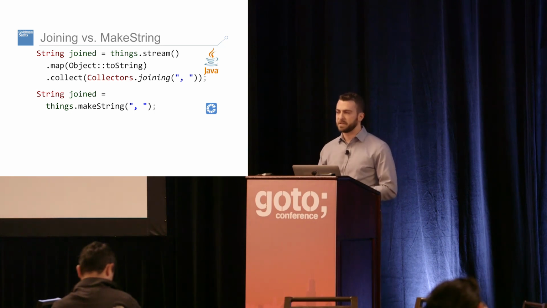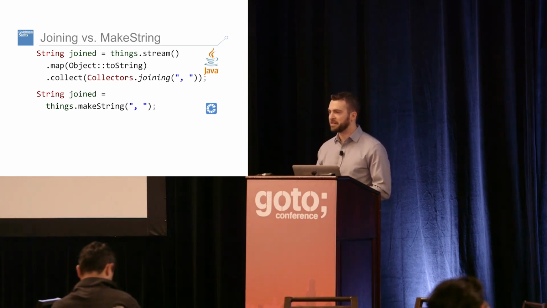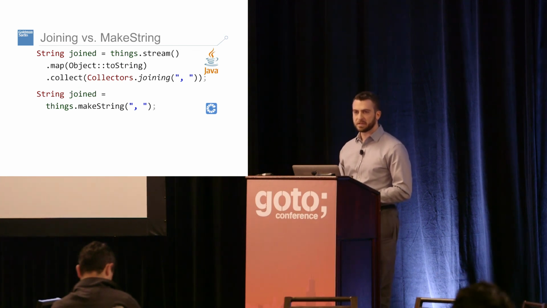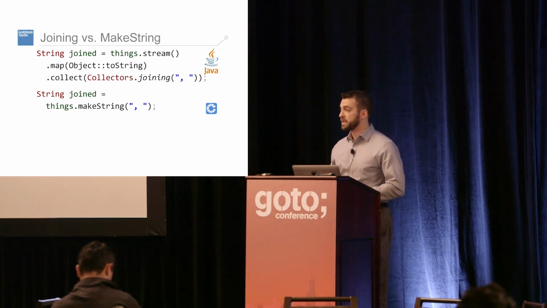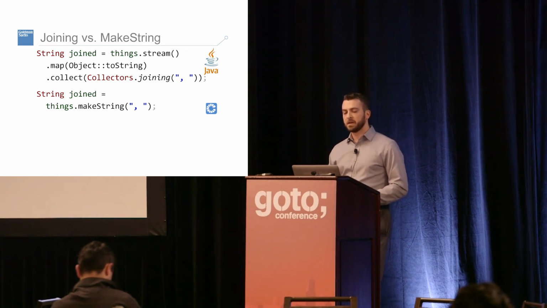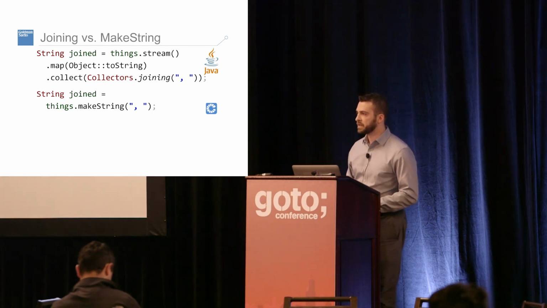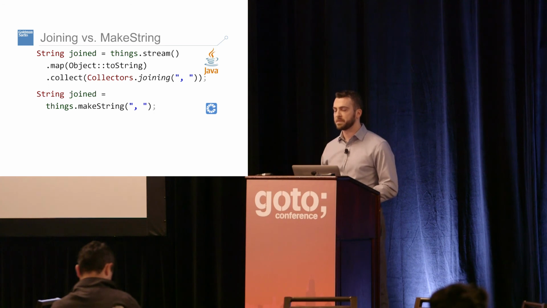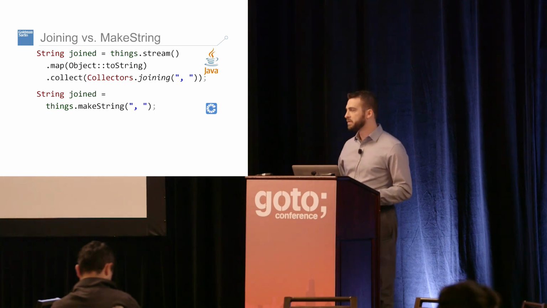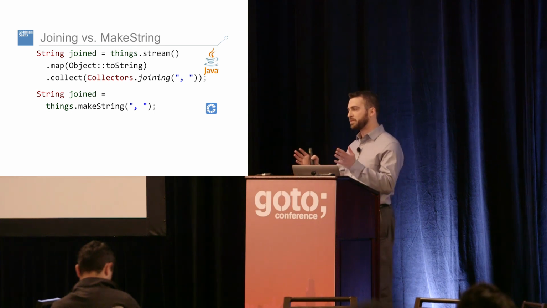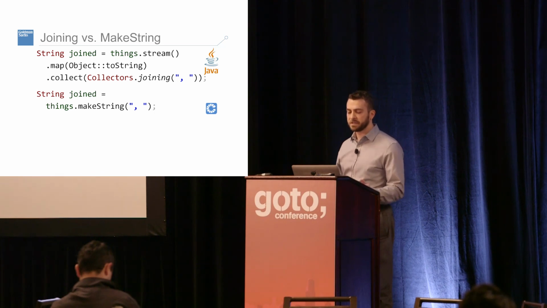Obviously, if you're joining strings, you want to convert non-string objects into strings. So I would have turned this into a different collector, a collector that works on any object. But it's not too bad. You can tell what's going on. In GS Collections, we have a method called makeString directly on the collection. So you can see that autocomplete would be easier here, for example. Both have similar options in that you can replace the comma. You have options of no parameters, a separator, or also a start and end string.